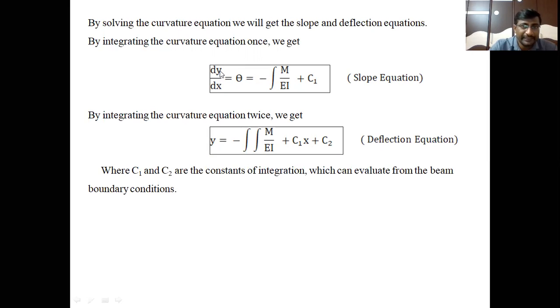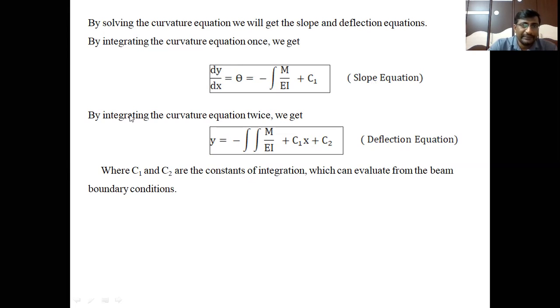This dy by dx is also represented as theta. It is the slope. So theta is equal to minus integration of M by EI plus C1. This C1 is the first integration constant. This equation is called the slope equation. Slope is dy by dx.